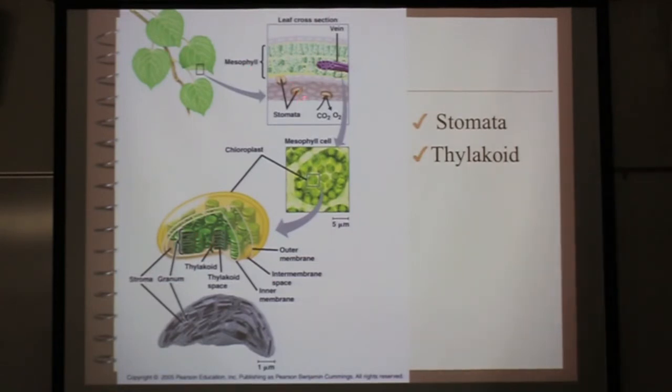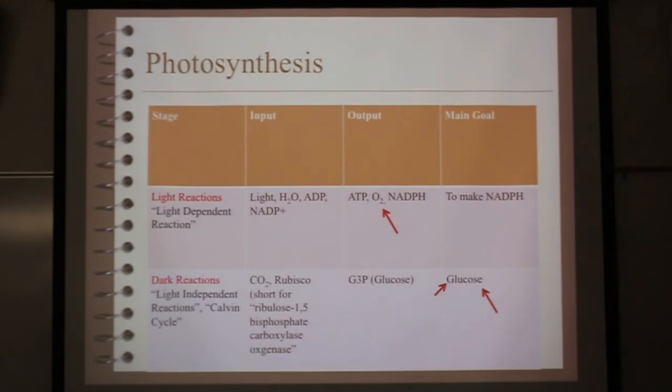Also, if you look on the underside of the leaf of a plant, you often see little holes. Under a microscope, those are called stomata, and they are important for getting gases like CO2 and O2 in and out of a plant.